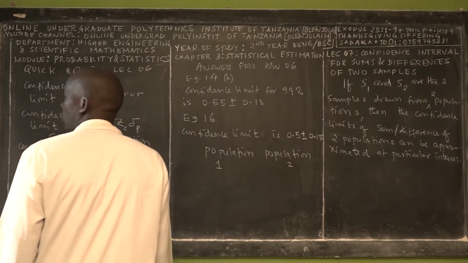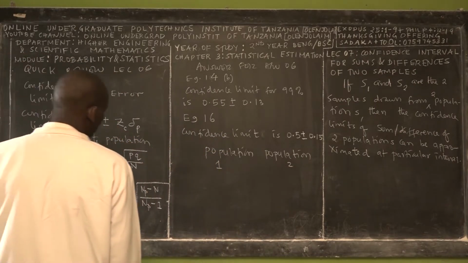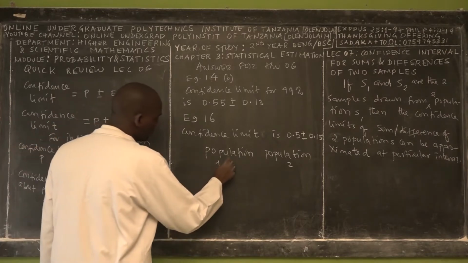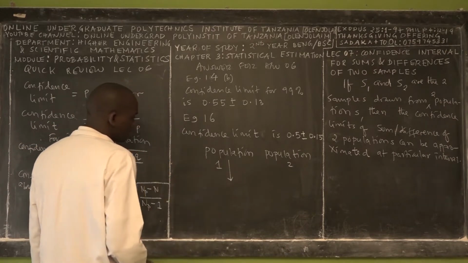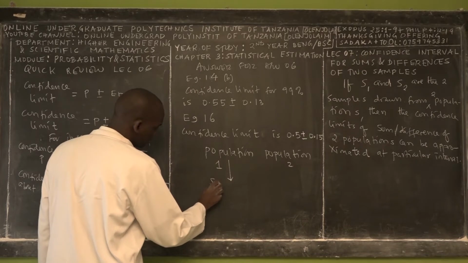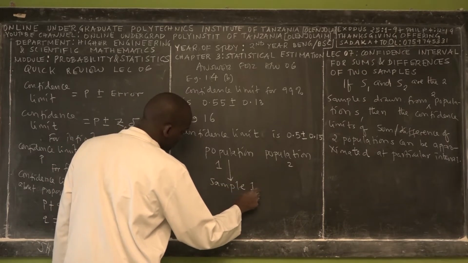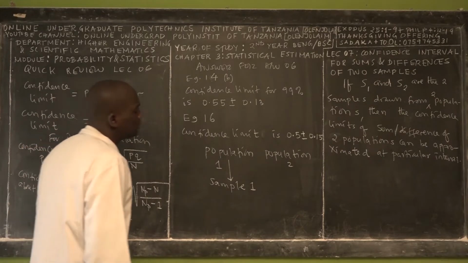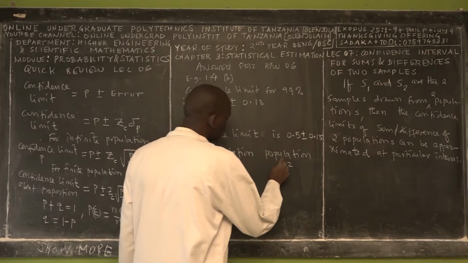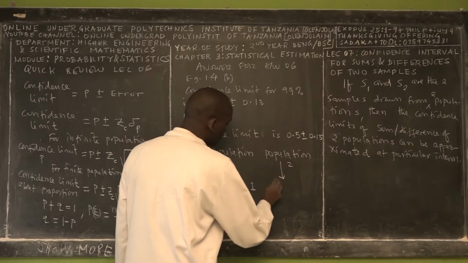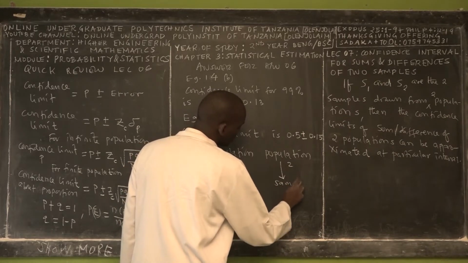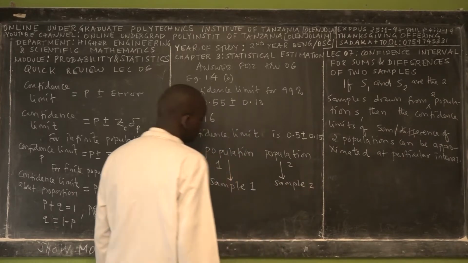From population 1, we can draw a sample. This is sample 1 from population 1. And also from population 2, we can draw a sample. This is sample 2.